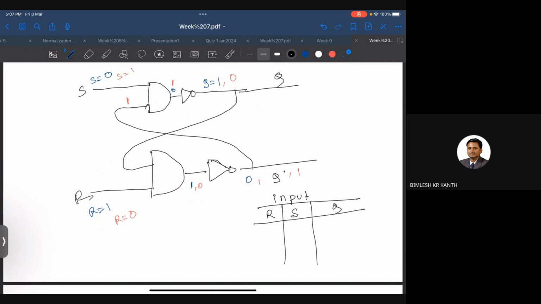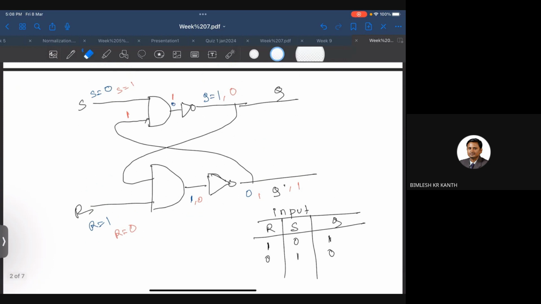When S equal to 0, R equal to 1, what happened? Q equal to 1, right? And when R equal to 0, it will be 0. Okay, now let's remove and see other things.